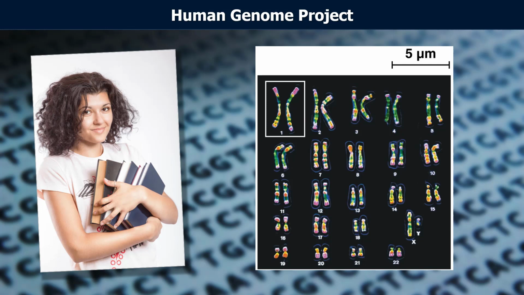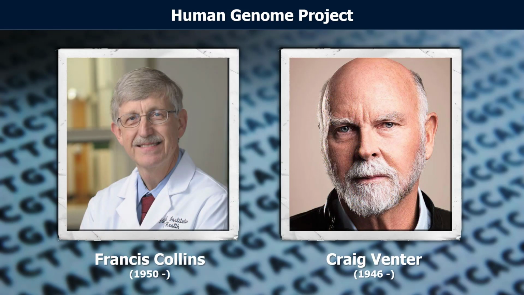And in fact, different research institutions were assigned different regions of the genome. You know, Stanford, you guys take this little region of this chromosome, and Harvard, you guys take this region, and this national lab, Oak Ridge, you guys take this region, and we'll just pool all our data together at the end. And the person who was tasked with overseeing all of that was Francis Collins.